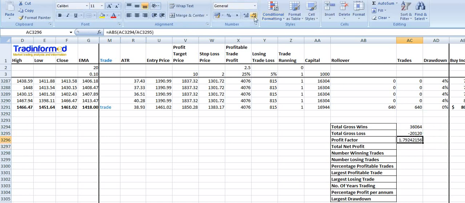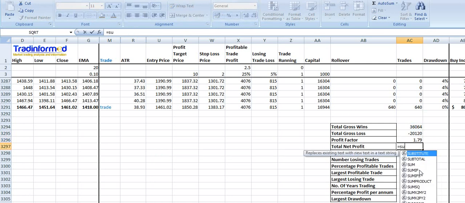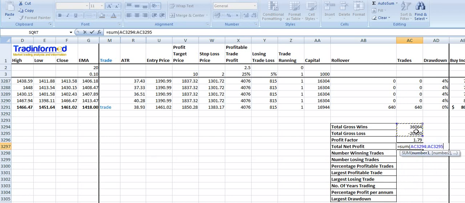So we've got a pretty healthy profit factor of 1.79. Our total net profit, we use the formula equals sum of these two. We can see there our total net profit is exactly the same as our capital at the end subtracted by our capital at the beginning.